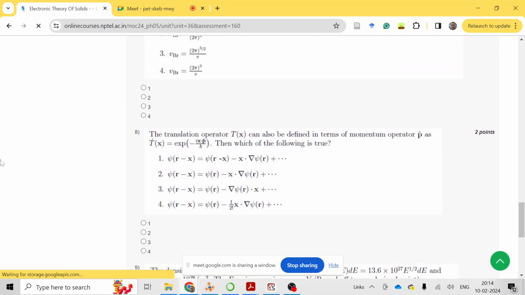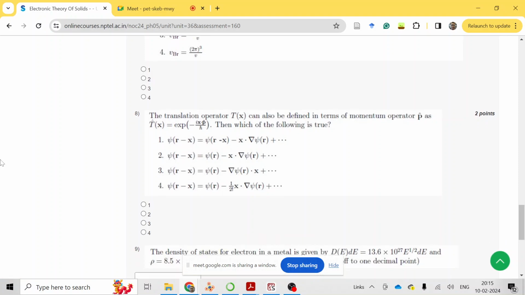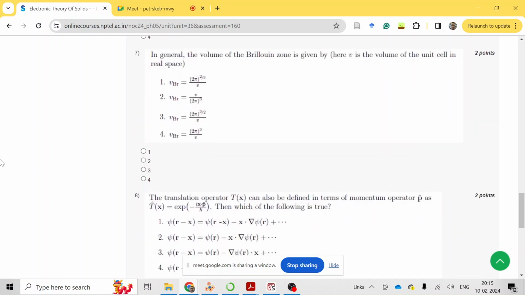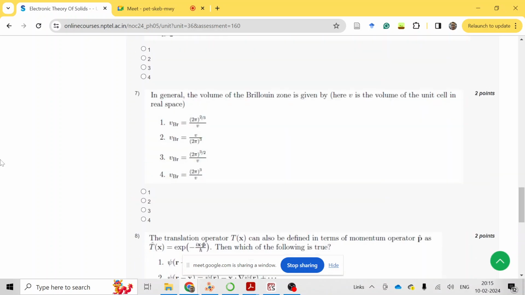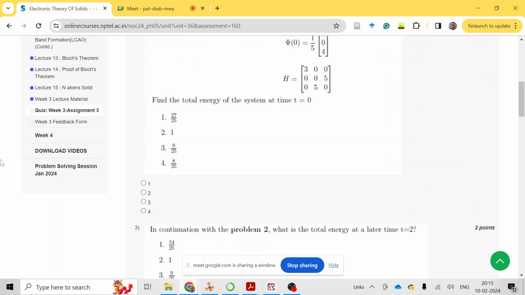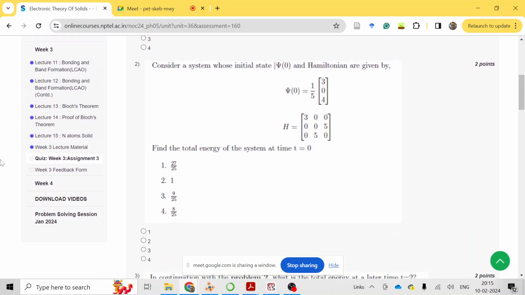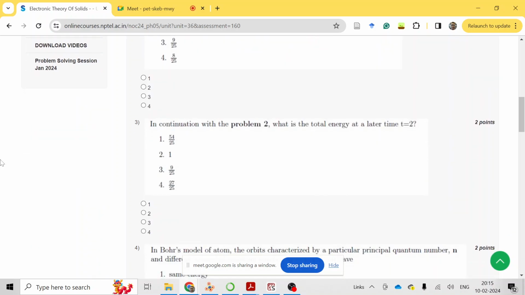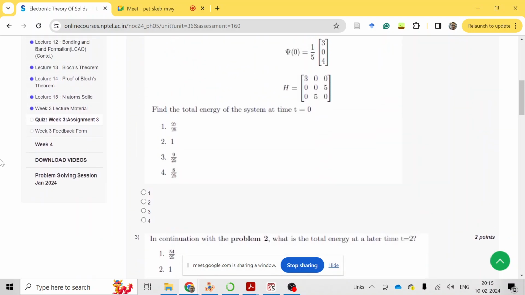This question number 8, you have to try on your own, because I cannot give you the hint right now. For the third one, you can try it on your own, there is not much you have to do.